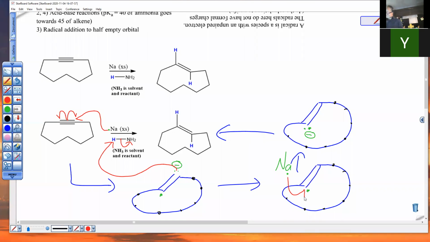And then what happens? We have NH3, molecule number 2. Okay, and how did you get the first one? Was like that. Solvent and reactant. Solvent says it's in huge excess. You don't have to ever write excess with solvent. In fact, you guys never have to write excess at all. The only reason I do is to help jog your memory into remembering that you have to use this more than once.